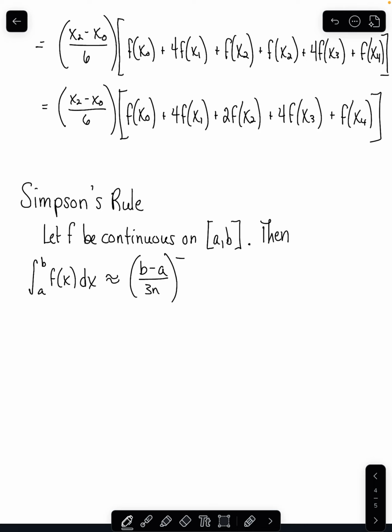And then this is going to be multiplied by f of our first endpoint plus 4 times f of our next endpoint. And then we would have f of our third endpoint. But as we saw before, that's going to overlap because it appears as the right endpoint of the first double subinterval and again as the left endpoint of the next double subinterval.